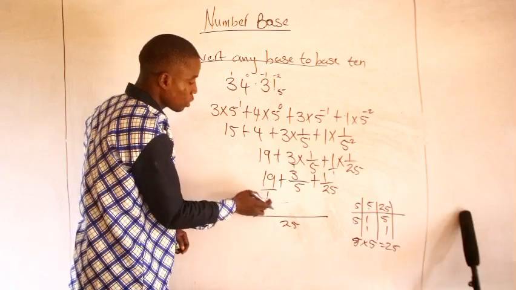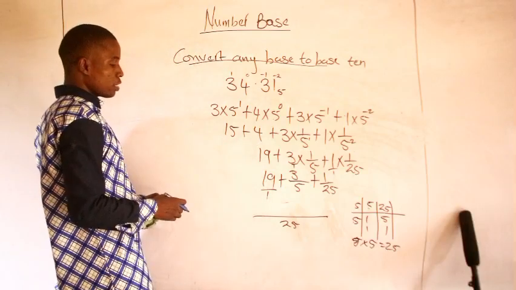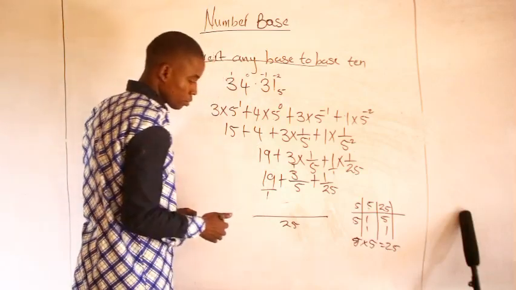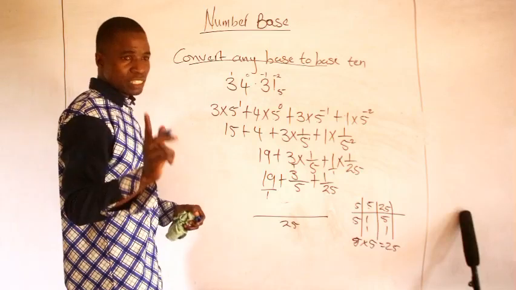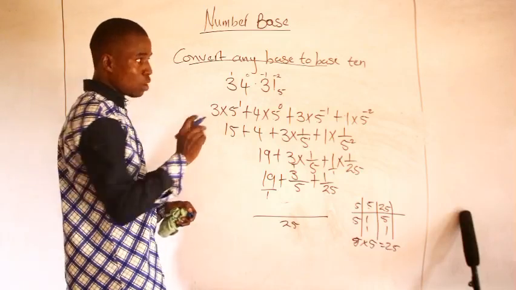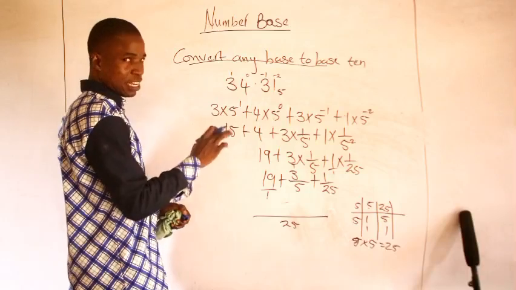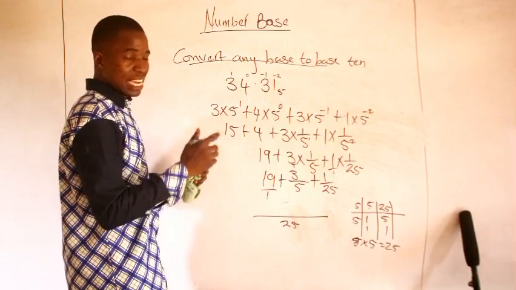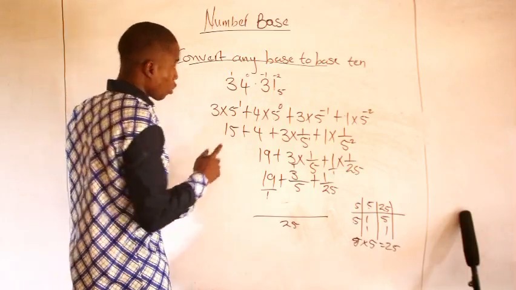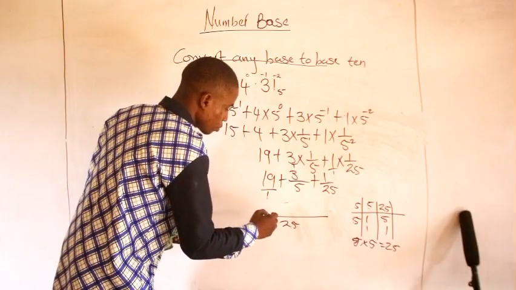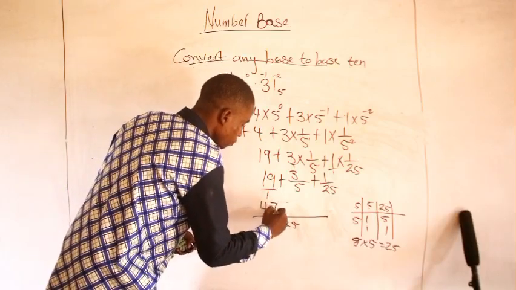25 times 19. You can go and see the treatment of fractions in the fraction topic. It is 475.